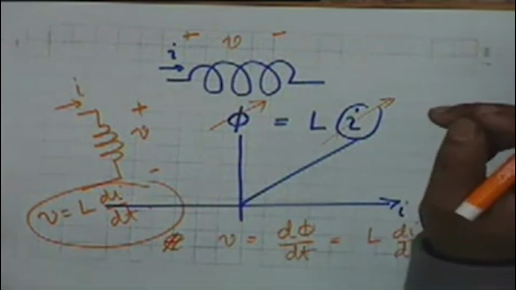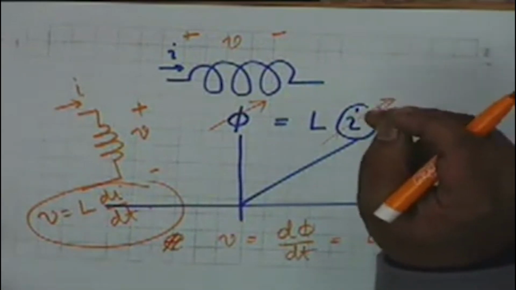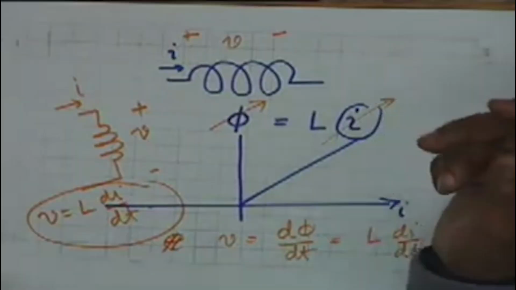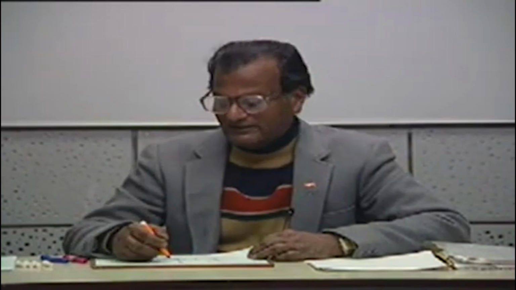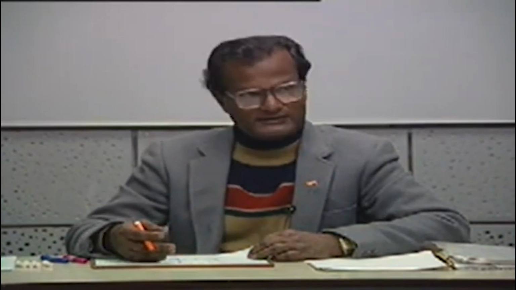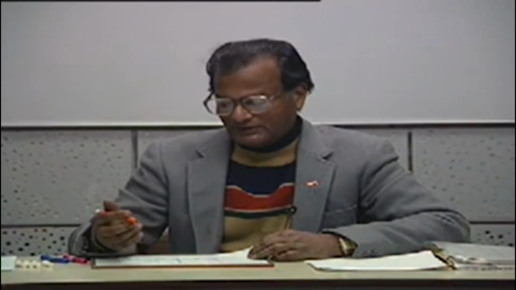Now an inductor stores energy. It stores energy not in the electric field but in the magnetic field, because an inductor is associated with moving charges. Unless a current flows, it cannot generate a flux, and therefore the energy is stored in the magnetic field.